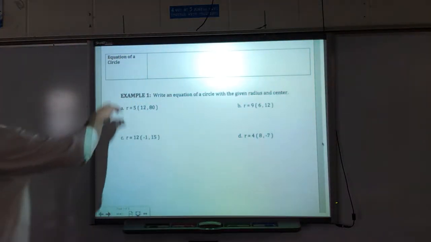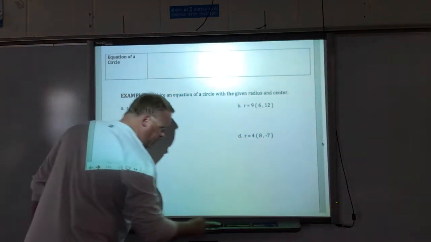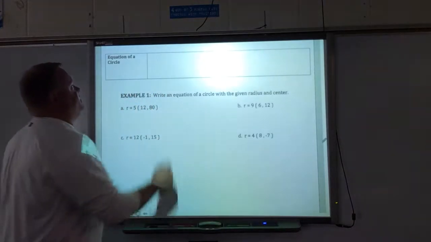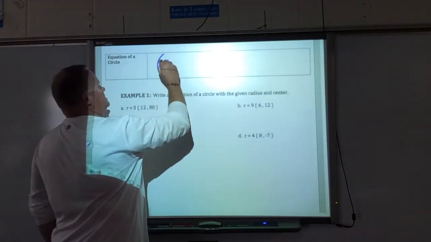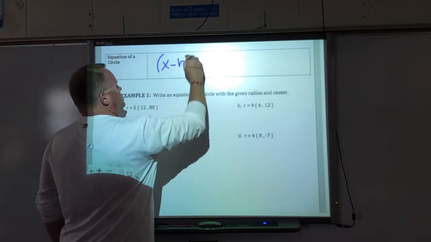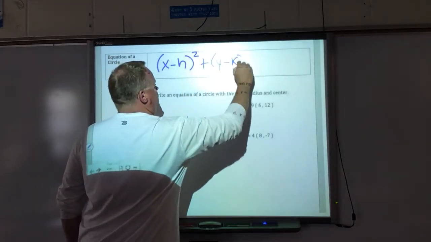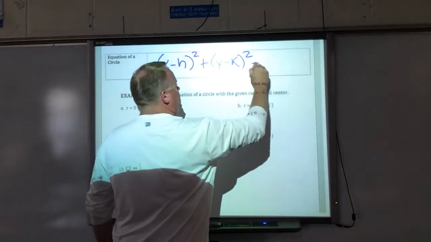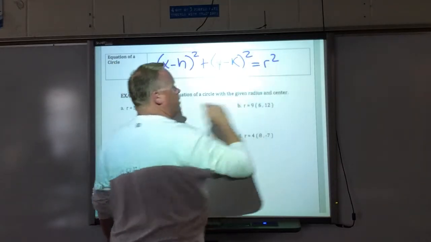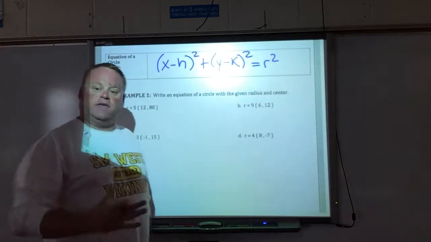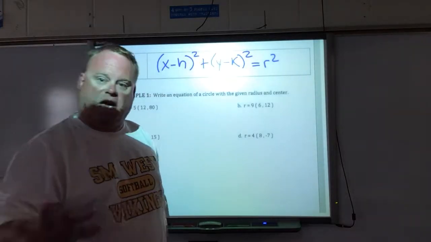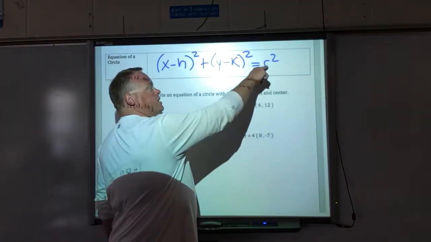First thing, we're going to talk about an equation of a circle. And the equation of a circle is this. It is (x minus h) squared plus (y minus k) squared is equal to the radius squared. Now, couple things. You've not seen h and k before. You understand what radius squared means?